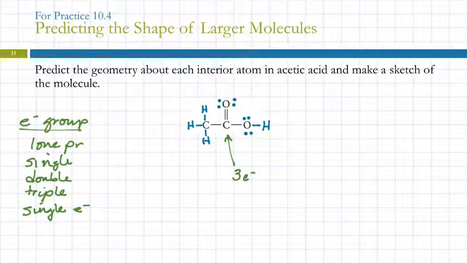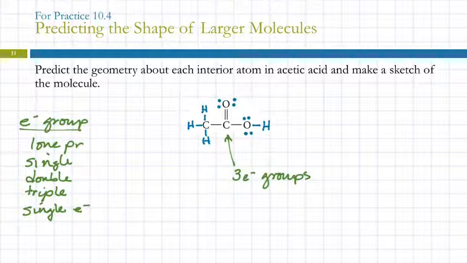3 electron groups. Oh, so we don't count the lone pairs on the oxygen? No, you're only looking at this carbon. Those lone pairs are on the oxygen, so we're not going to look at that. We're going to look at all 3 of these interior atoms, but I just started in the middle randomly. This carbon has a single bond and a double bond, so 3 groups.